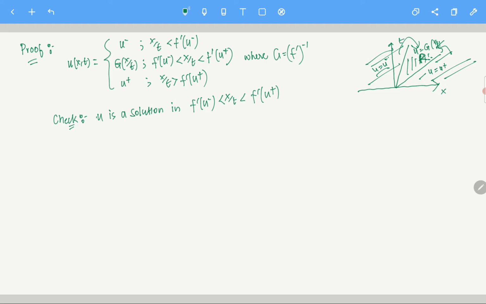Now let's just do that. How do you check it? If it is a classical solution, it has to satisfy u t plus f of u x, right? The first thing is we have to use the chain rule here.